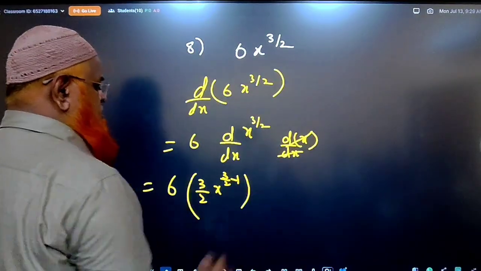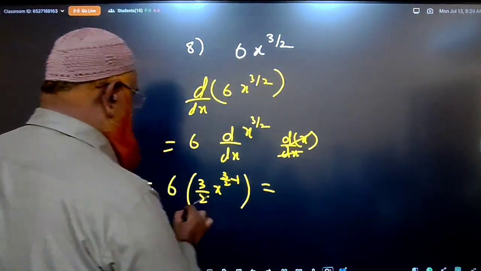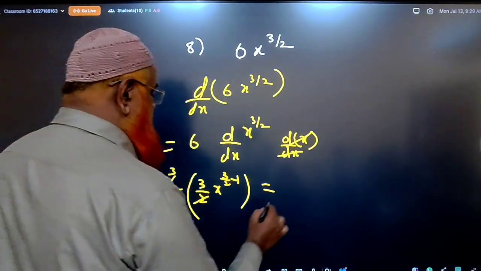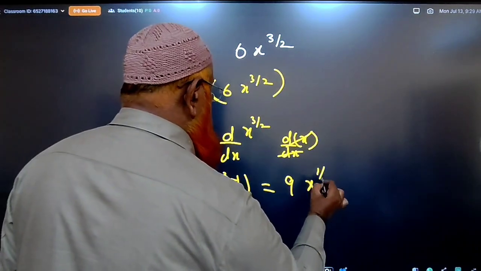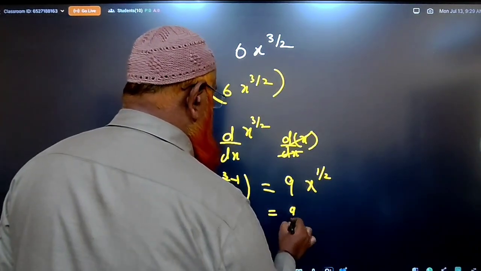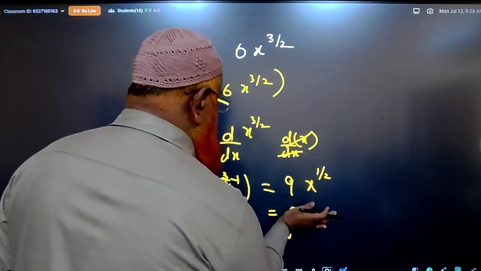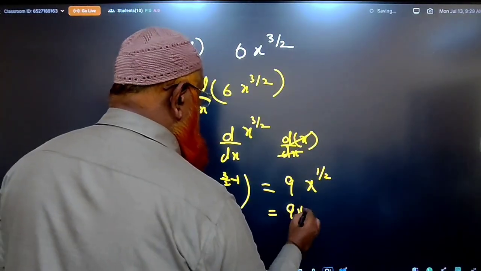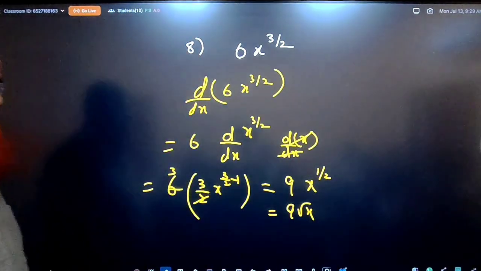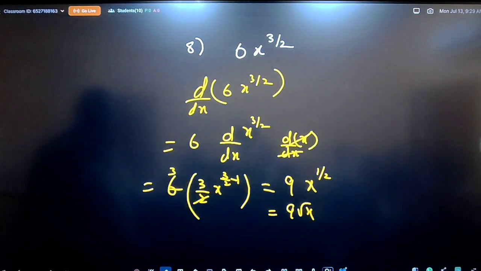Okay, and this is going to be 1 here. So this can be taken as 2 ones, 2 3 times, then 3 3s are 9, x power of 1 by 2. So this can be taken as 9 root x, you can also take and write like this. Hope you understood what I am saying now.